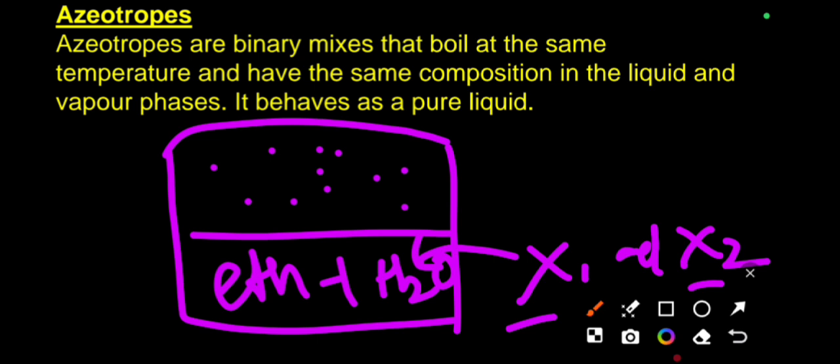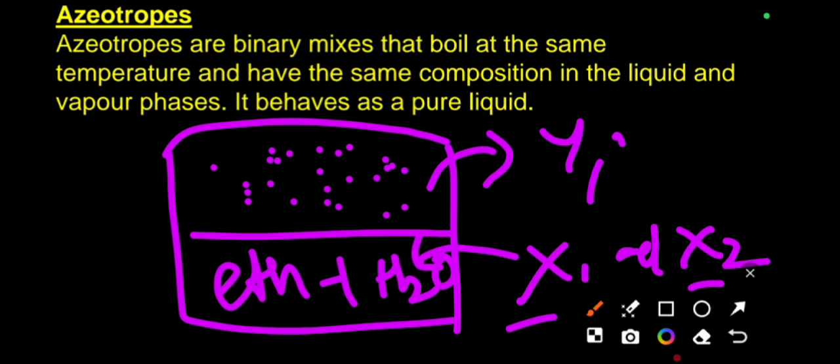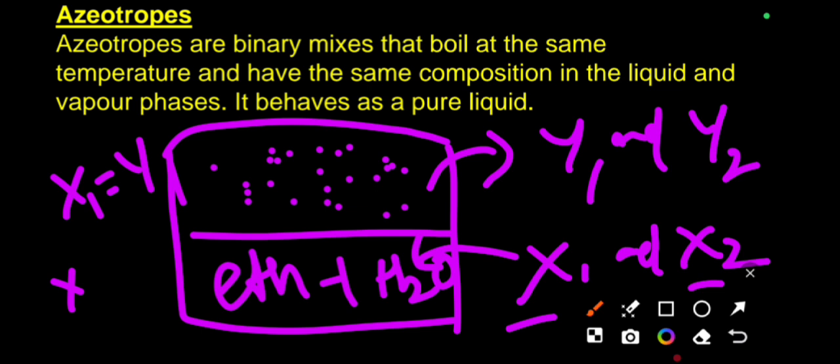Here you will get the vapors of both components, so you can represent them as y1 and y2. y1 is the vapor phase composition of ethanol and y2 is the vapor phase composition of water. So in azeotropes you will get x1 equal to y1, x2 equal to y2. It means you get the fixed composition only when x1 becomes equal to y1 and x2 becomes equal to y2. At this point you can consider the two-component mixture as an azeotrope.